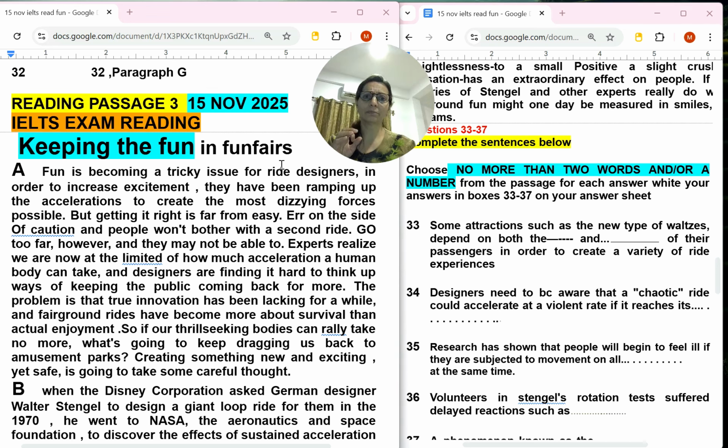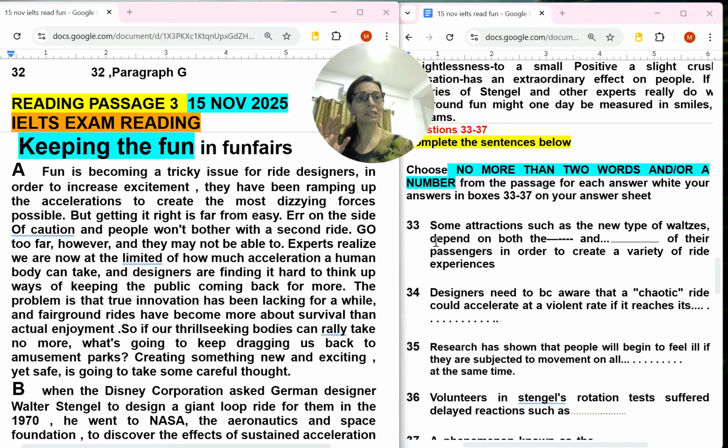Try to understand the difference between complete the summary and complete the sentences. Whenever complete the summary is given, you can get all the fill in the blanks from one paragraph or sometimes two paragraphs. But here, with sentences, they can pick these four sentences they have given, from 33 to 37, from different paragraphs.